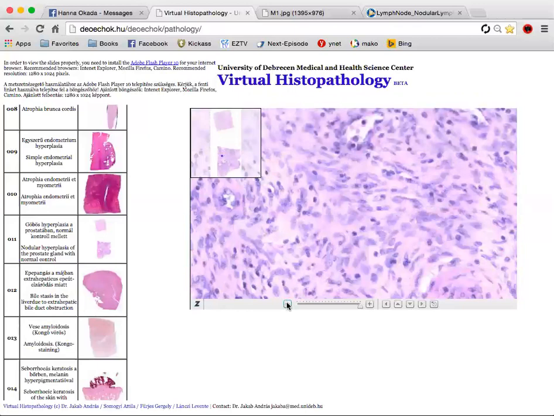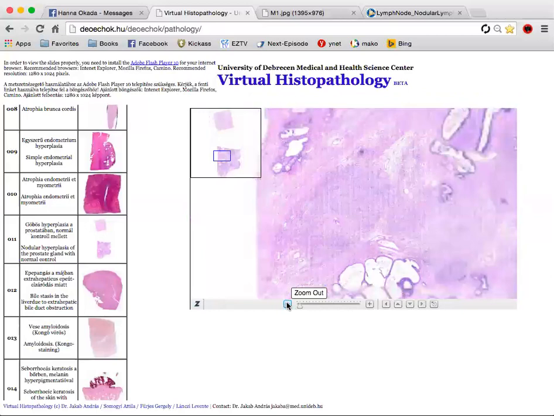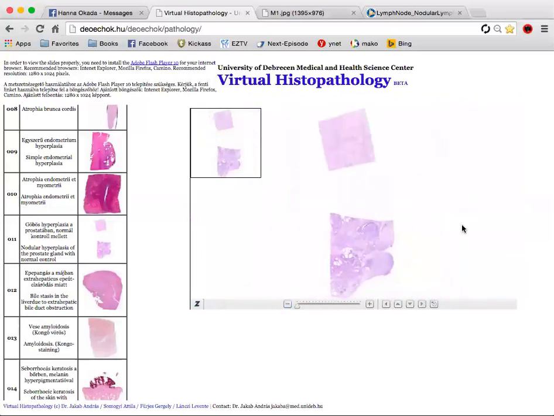What's important to know about benign prostate hyperplasia is that it's found around the urethra. So it's centrally located, and it can obstruct urine flow.